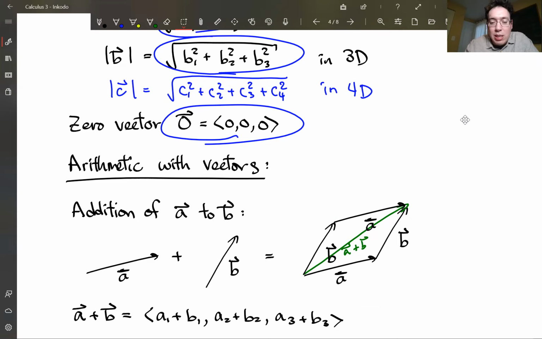So A plus B is the same thing as B plus A. And the way to compute it component-wise is with the following formula that's listed below. So you just look at the components of the two vectors and add those individually, separately. So it's component-wise addition. And this formula also makes it clear that it doesn't matter which way you add, right? So addition is commutative, and the same with vectors.